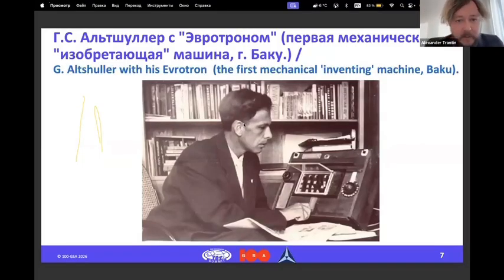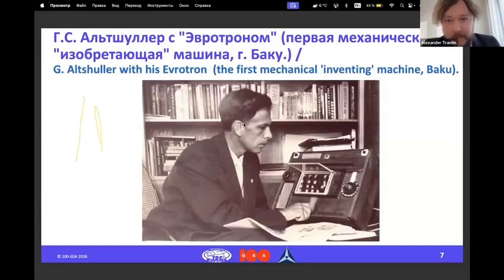The first mechanical machine, Algoritm, was invented by Genrikh Altshuler, which integrated ARIZ steps, and that was part of a matrix back then. And it was a prototype of a pocket AI agent that inventors could use to address tasks they had.